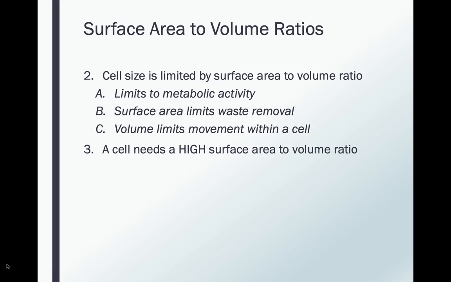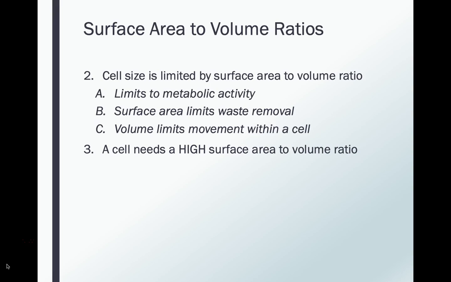And this is really important because cells need to move things through the cytoplasm to the outsides of the cell. They also have to exchange things with their environment. And so the cell has to be small enough that the cellular products, waste products, things like that, can be moved efficiently from wherever they are in the cell to the nearest edge.